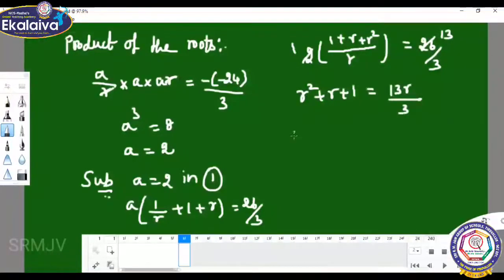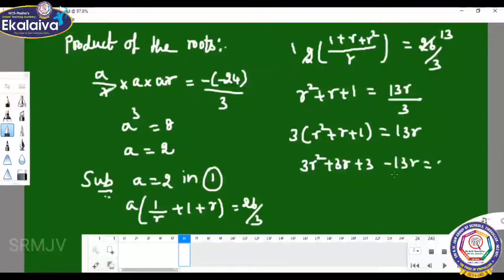Cross multiplying, 3 into r square plus r plus 1 equals 13 r. Then 3r square plus 3r plus 3 minus 13r equals 0.